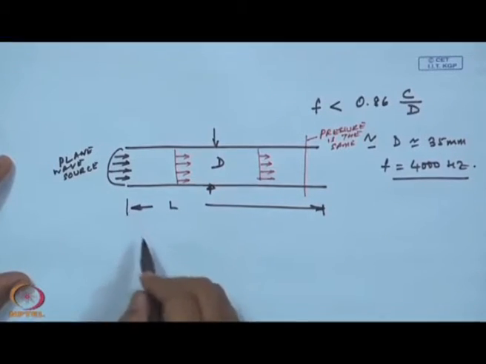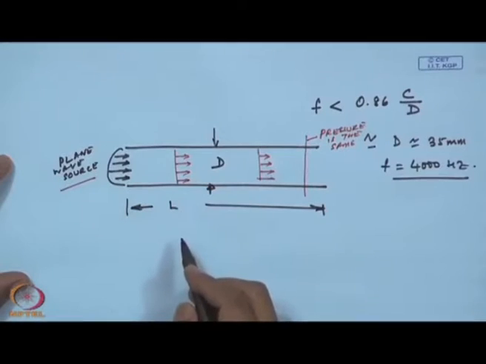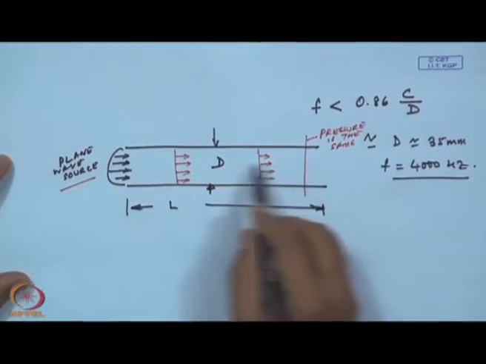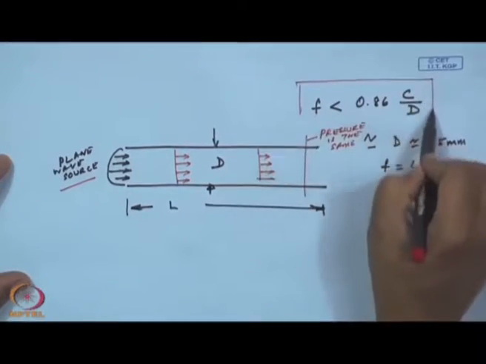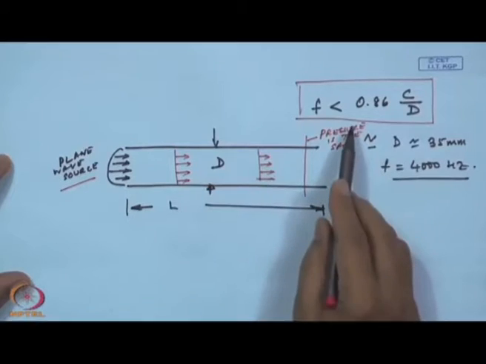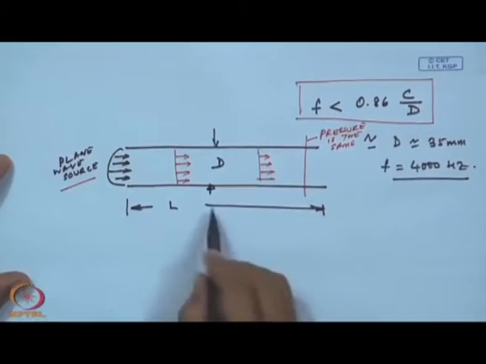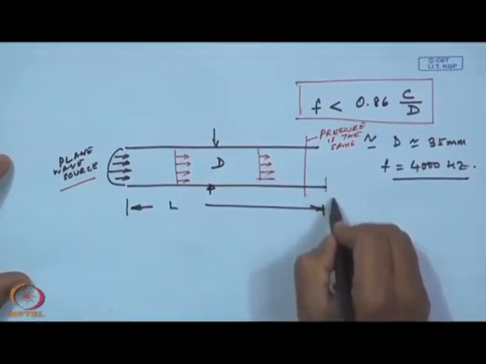This is a little tricky problem in the sense that if a plane wave is propagating in a duct, as long as the duct diameter satisfies this equation and the frequencies are less than 4000 hertz, I am going to have plane waves at the other end. So, this is the other end.